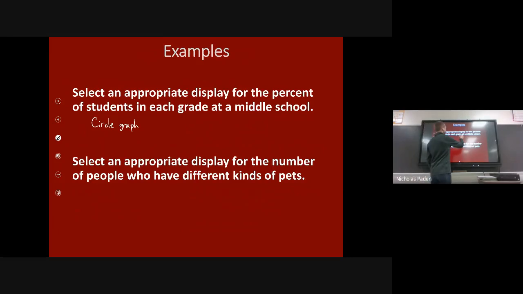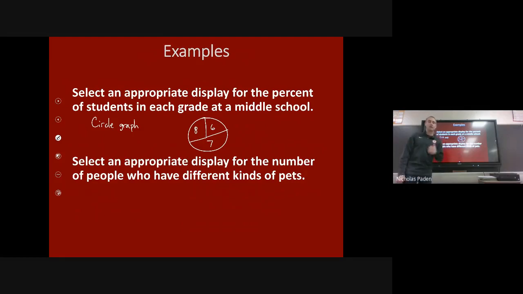And just to show what that would look like, we would have this circle. Let's say it was 6th, 7th, and 8th graders. So 6th would be there, 7th would be here, 8th would be there. So that would be the pie chart for the percent of students at a middle school. And the wedge of the chart would be the percent of what that grade takes up.